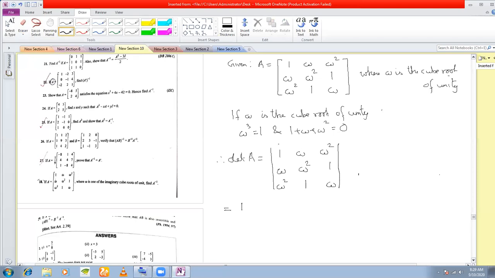This is plus minus plus. So 1 into omega square 1, 1 omega, minus omega into omega 1, omega square omega, plus omega square into omega omega square, omega square 1.